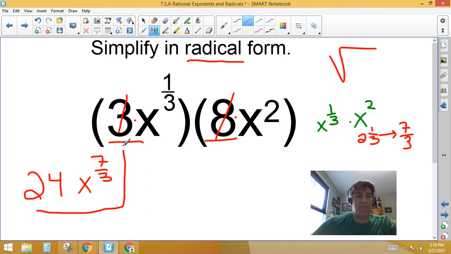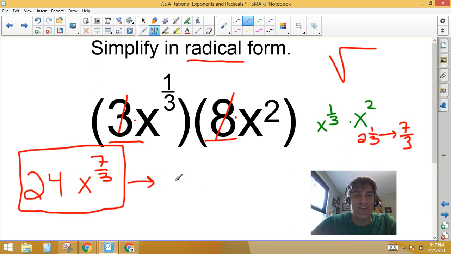This is simplified radical form. No, it's not, is it? Why not? This is exponential form. So what I have to do now is change it yet again. I have to put this 24 out in front because it is not part of a rational exponent.